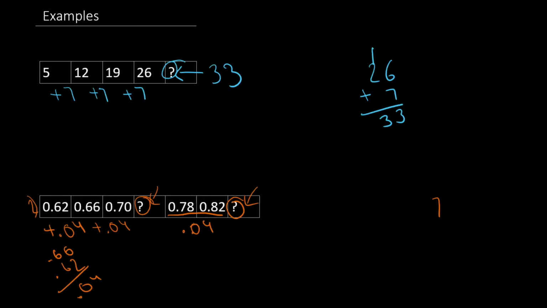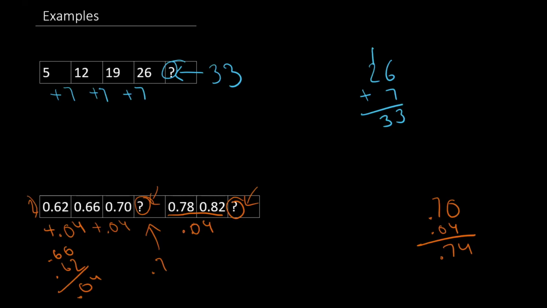So let's add 0.70 plus 0.04. 4 plus 0 is 4, 7 plus 0 is 7, and then you add the decimal point. So the answer is 0.74. Sorry, 74, not 75. Let me erase it quickly.